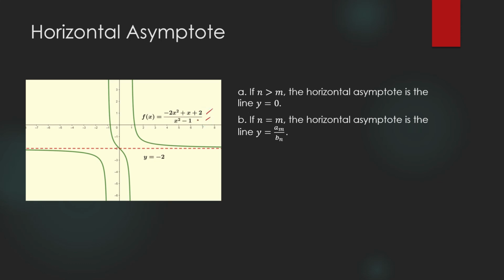Conclusion, the horizontal asymptote is going to be the numerical coefficient of the leading term in the numerator divided by the numerical coefficient of your leading term in the denominator. This is the horizontal asymptote. It's negative 2 over 1.